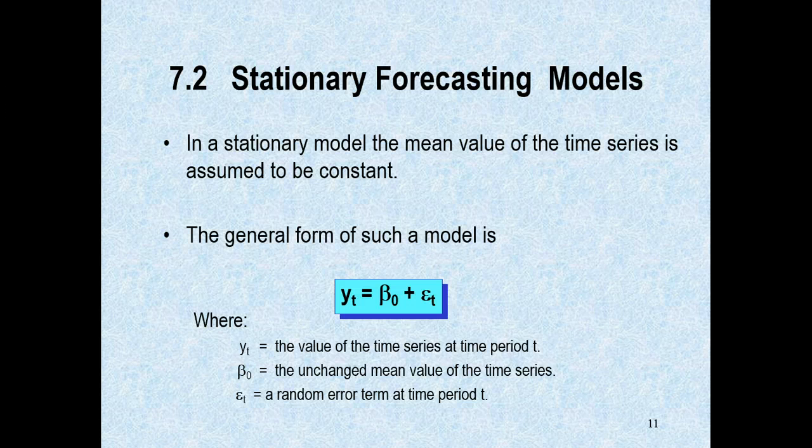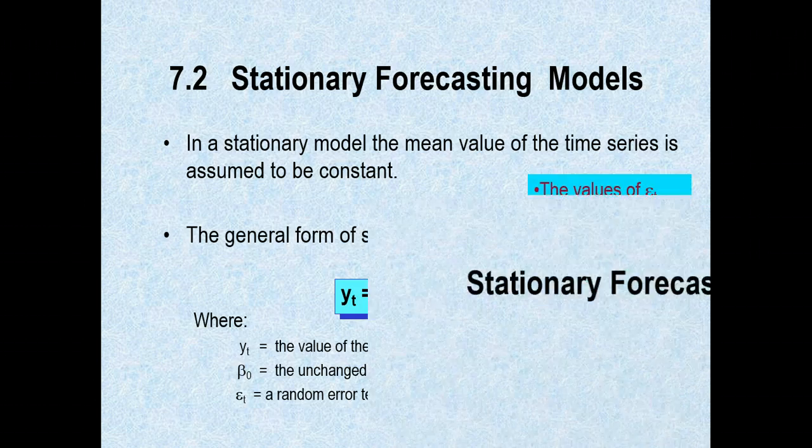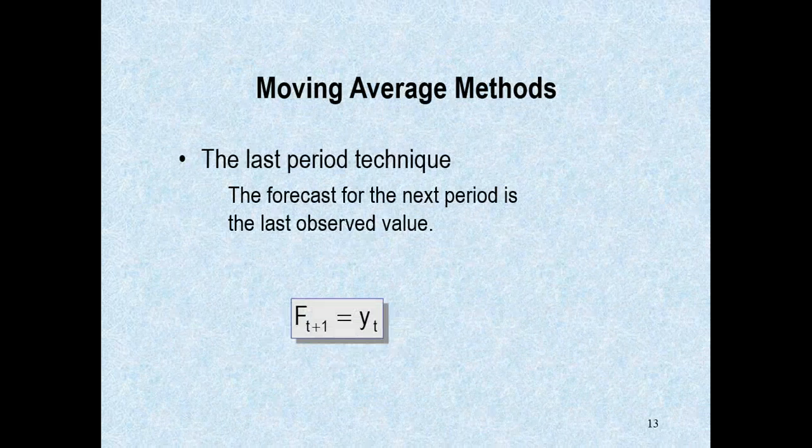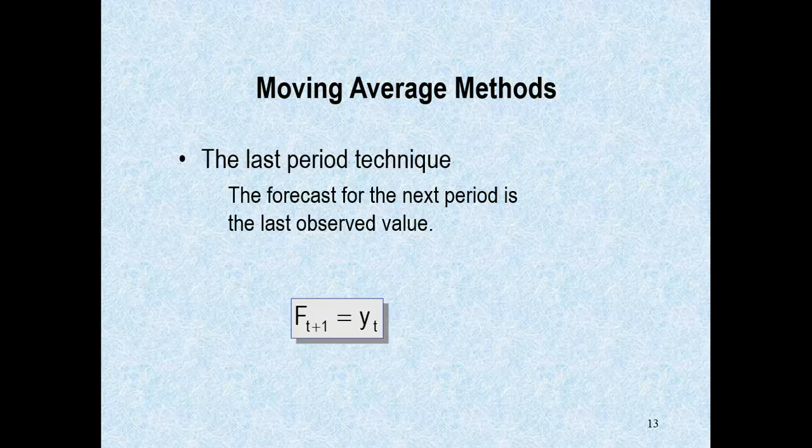Okay, one of the things that we can do, and you don't need this class for this, is one of the stationary forecasting model techniques called the last period technique. The last period technique is, whatever it was the last period is going to be my prediction for the next period. So if first-time incoming freshmen was 415 for this year, that's what we're predicting for next year.